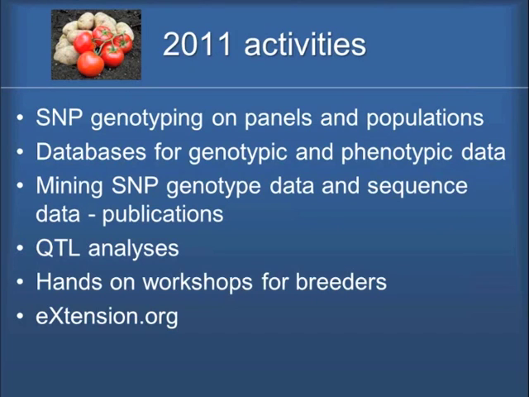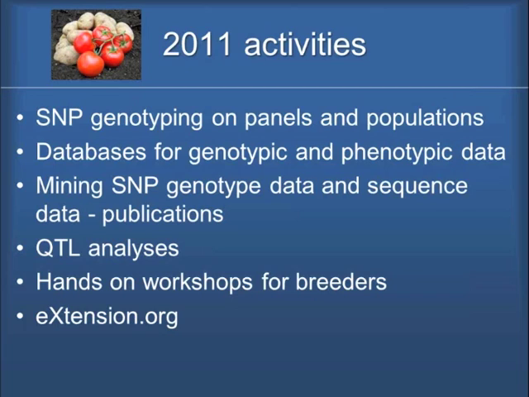And so what's going on in 2011? We've been SNP genotyping. All the obligations on the potato side for SolCAP have been done, and now we're just dealing with ones that people have submitted for their own purchased chips.